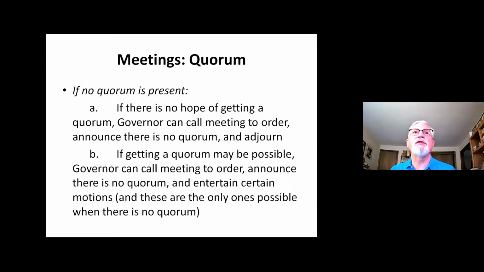If no quorum is present and there's no hope of getting a quorum, the governor can call the meeting to order, announce there's no quorum, and then adjourn the meeting. Or if a quorum may be possible, the governor can call the meeting to order, announce there's no quorum, and entertain certain motions so there's time to try to get a quorum.